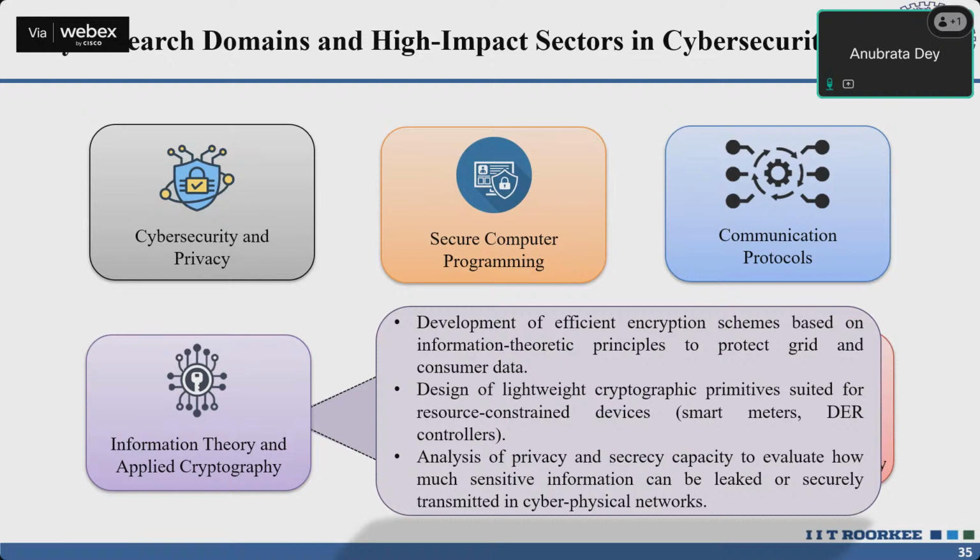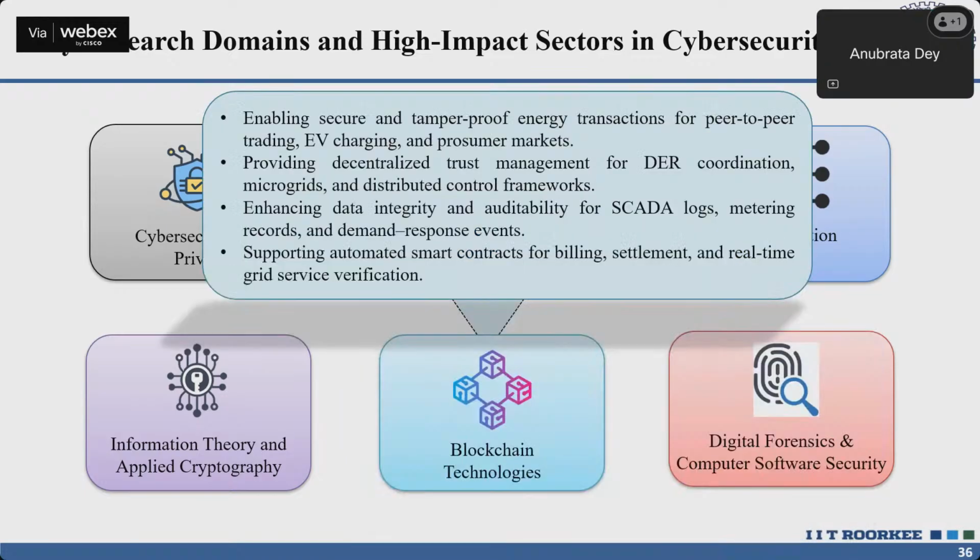There all the inverters are there. There also you have to consider this cryptography or encryption and decryption process. So it is a separate area. And then finally you have to analyze the privacy and secrecy to evaluate the sensitive information, so that the attacker cannot hack it.